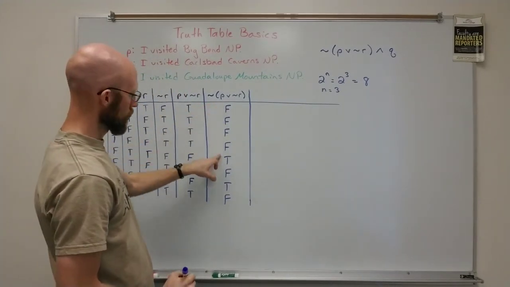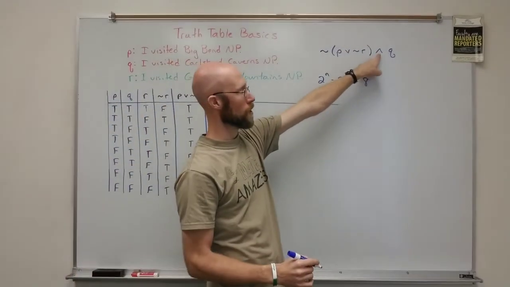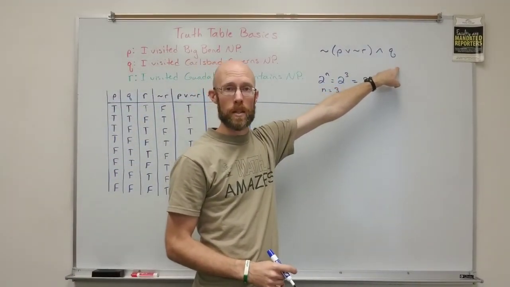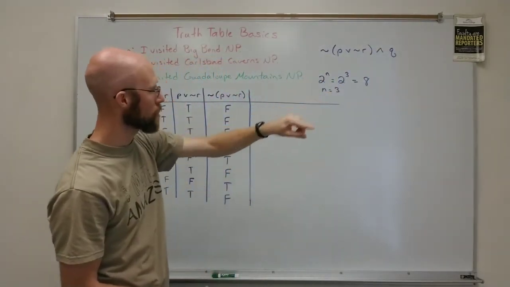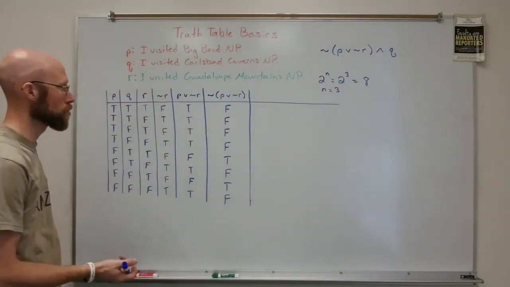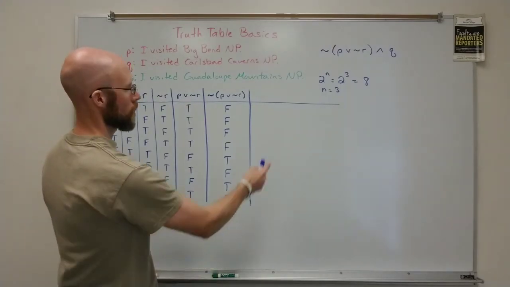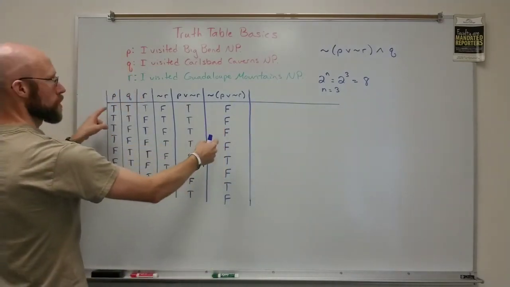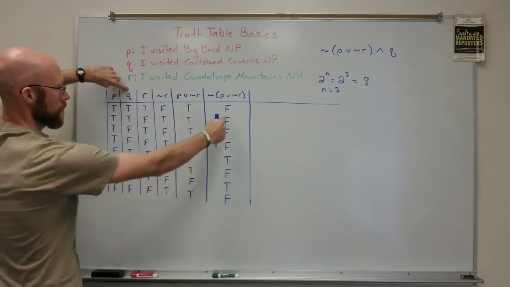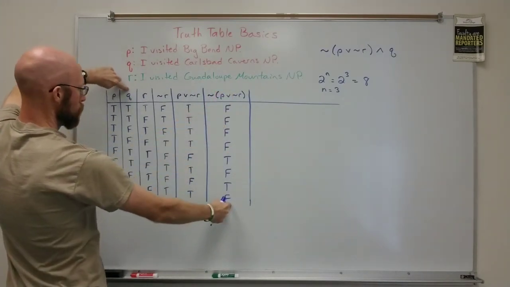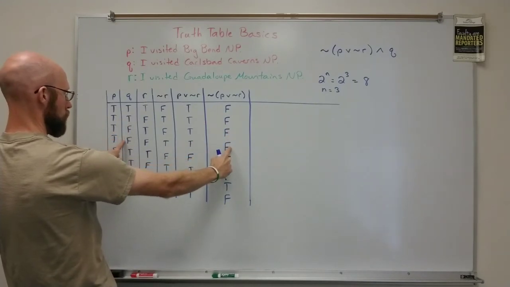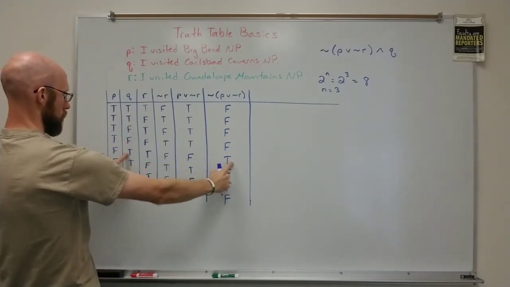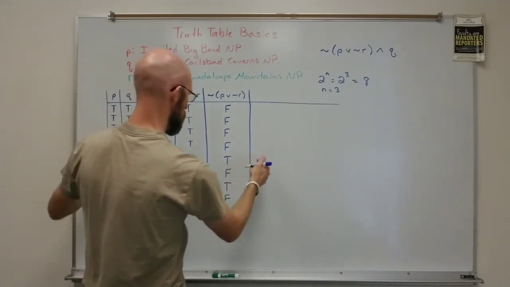All right, now I'm going to take that column and I want to put it in with a conjunction with Q. So it's this prior column and Q. Both have to be true. So, right, conjunction means and, so I need Q, which is this column, along with this column here to both be true. So not that one, not that one, not that one, not that one, this one. That's the fifth row.